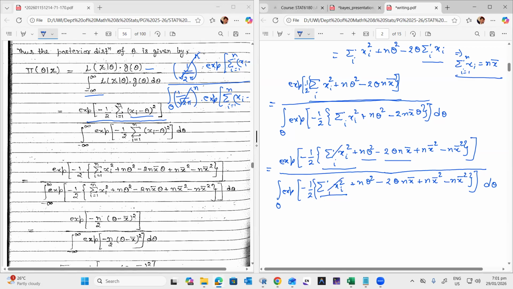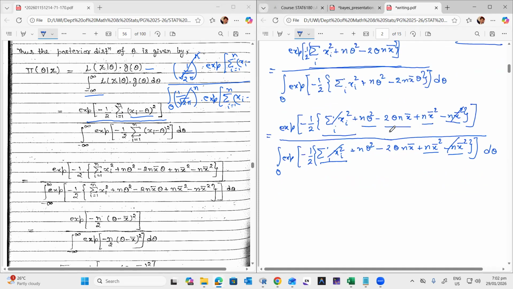Right. So now you have n theta square minus 2n theta x bar. Alright. And n x bar square and n x bar square. So n x bar square will also be a constant or not here? It is also a constant. So we will cancel out this.